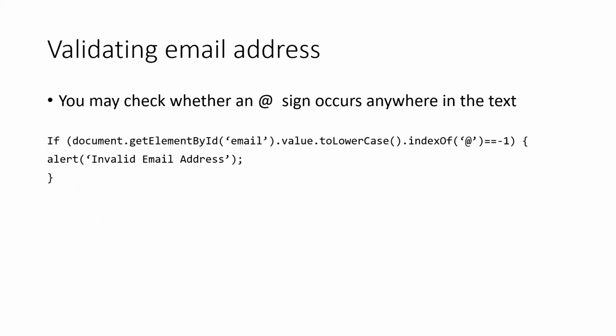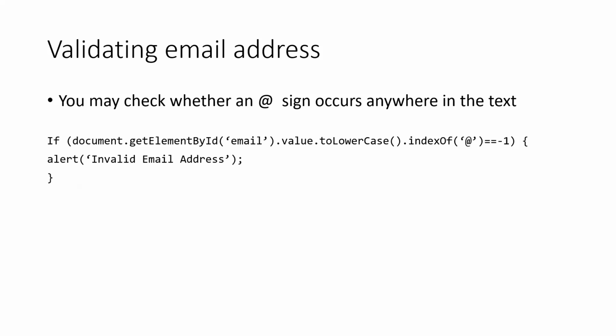Okay, another one, validating an email address. In this particular case, we are getting the element by ID email, like input type text, ID is email, and the value, and it gets converted to lowercase, and then we use the indexOf method. Actually, we will use it to get where that particular character is.